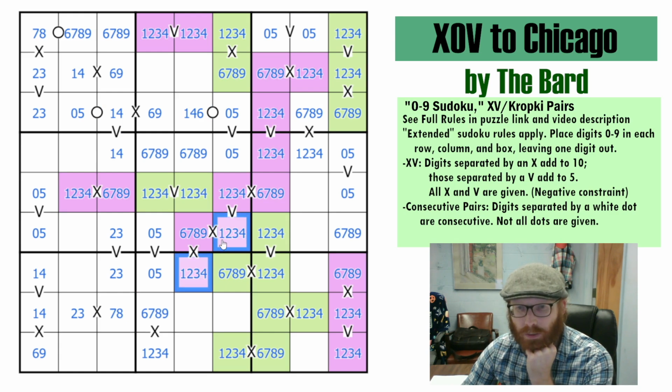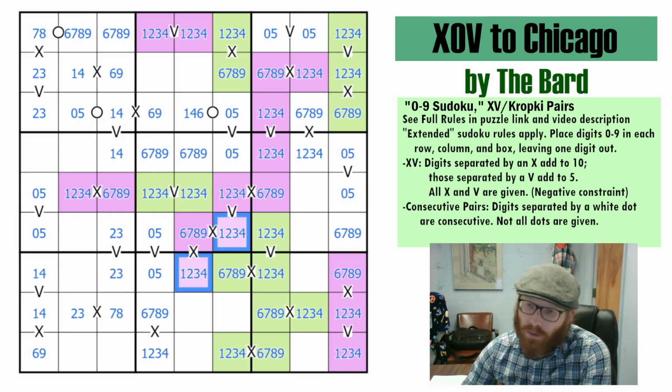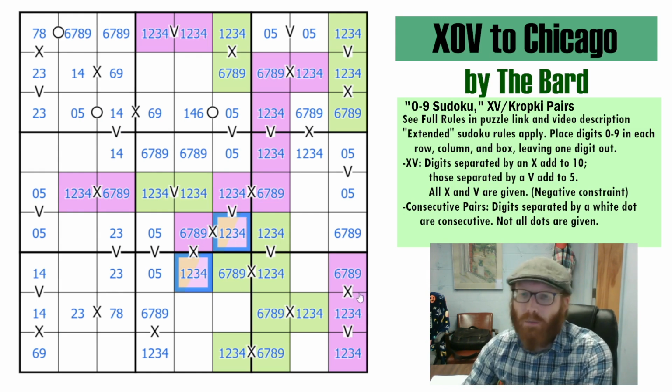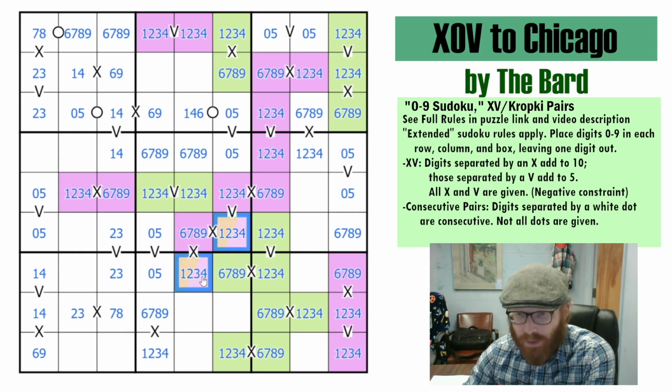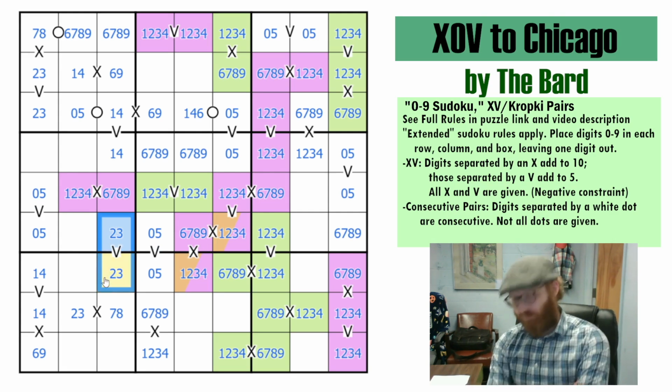This is interesting right here. These 2 cells, let me flash them with orange. Both of these orange cells are the same number, because these 2 sum to 10 and these 2 sum to 10, which means these 2 have sum to 10 with the same number, so they have to be the same number. And that's good because right here we have a 2, 3 pair, and those are different numbers.